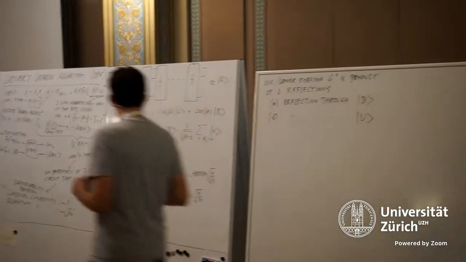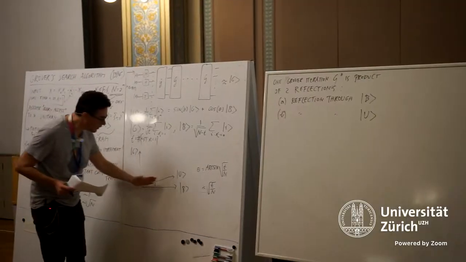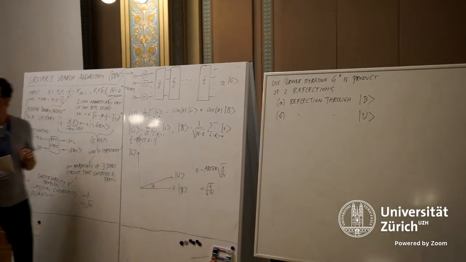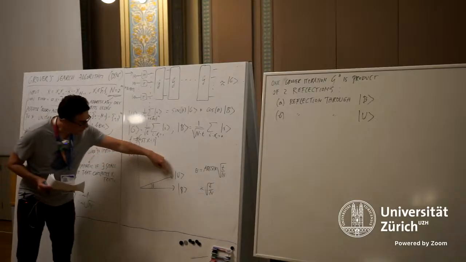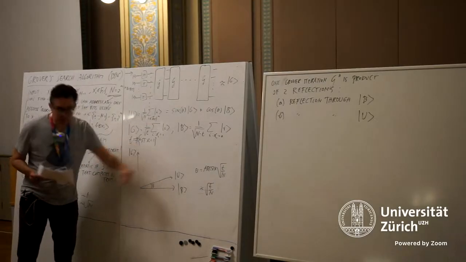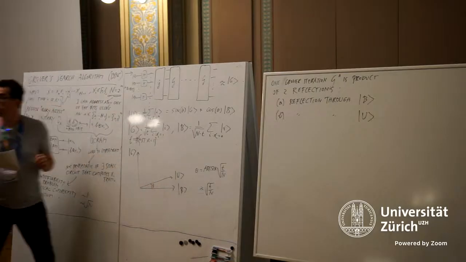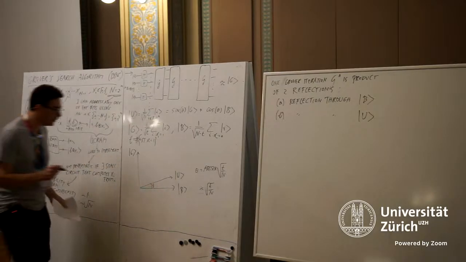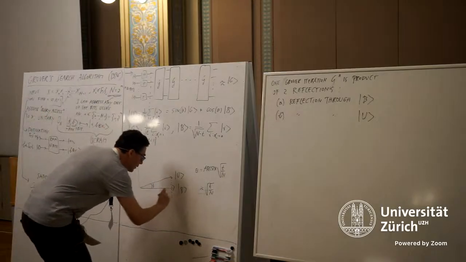Let's look at the first Grover iteration. It starts out with a state that is the uniform state. And then it does this reflection through the bad state. If you reflect this state through the bad state, where do you end up? You end up at an angle theta below the bad axis. So this is what reflection A does.